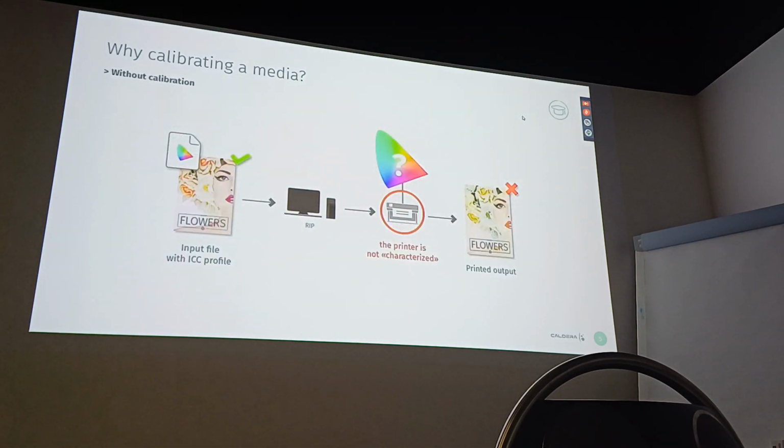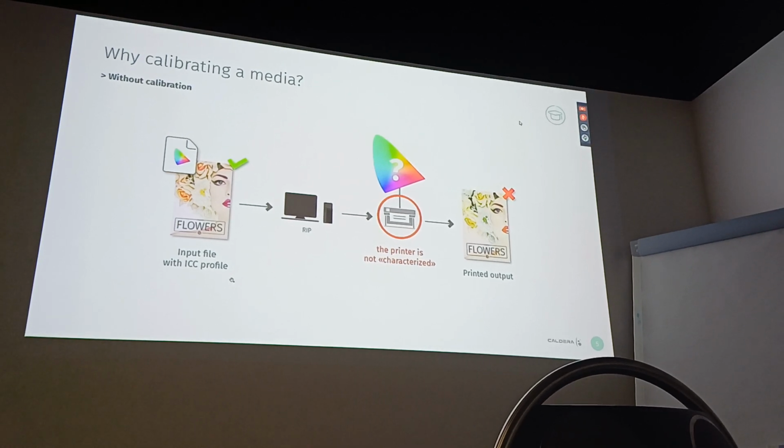So here is another illustration of what is going on if there is no ICC profile applied to your print process. For instance, here I'm using an incoming CMYK file, let's say, which comes with an input ICC profile. Then we are opening this file with the RIP software, and we are printing it straight away with the printer. As you can see here, the colors are not good at all.